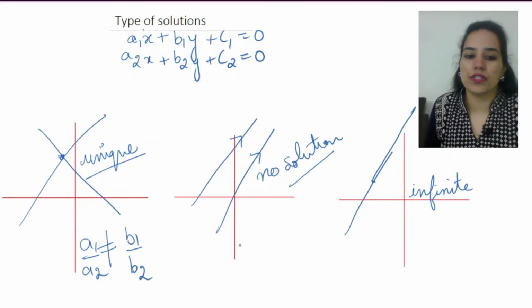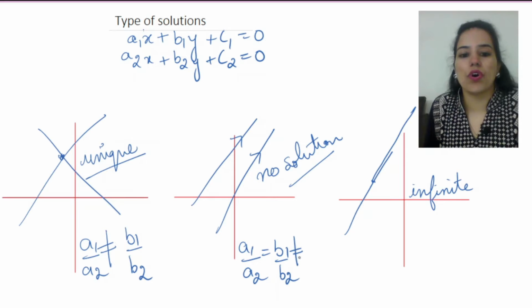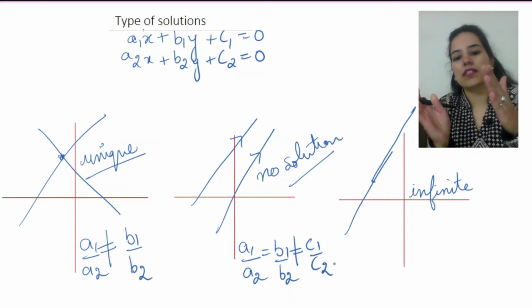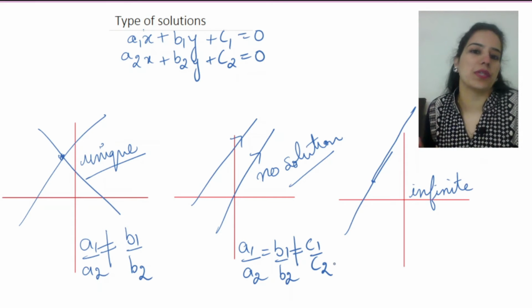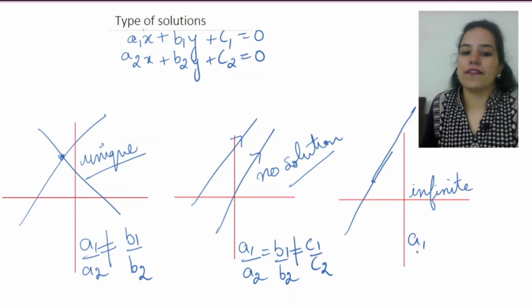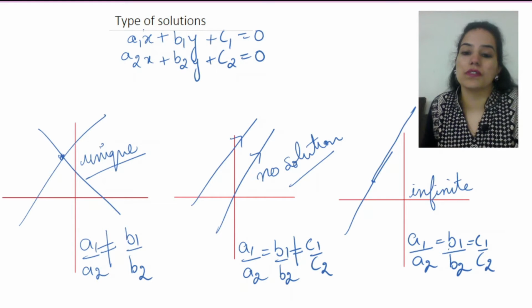When there is no solution, a1 by a2 is equal to b1 by b2 but is not equal to c1 by c2. That means their slants are equal but there is a distance between them. So there will be parallel lines. Infinite solutions have everything equal. That is why they overlap, right? a1 upon a2 is equal to b1 upon b2 is equal to c1 upon c2.